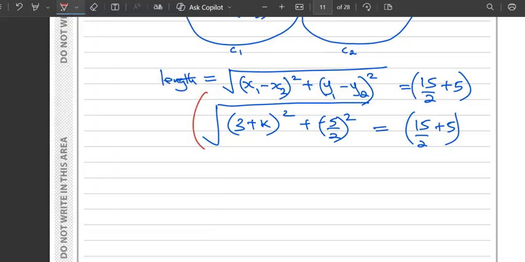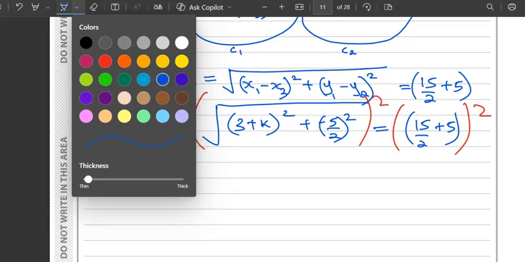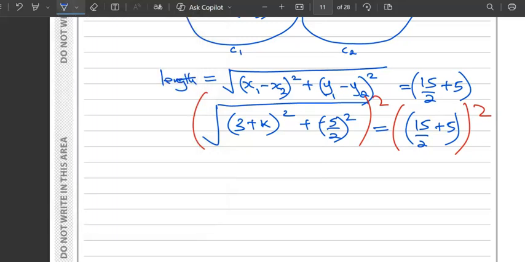So we have k plus 3 squared plus, simplifying, 25 over 4, and this should equal 5 plus 15 over 2 squared.